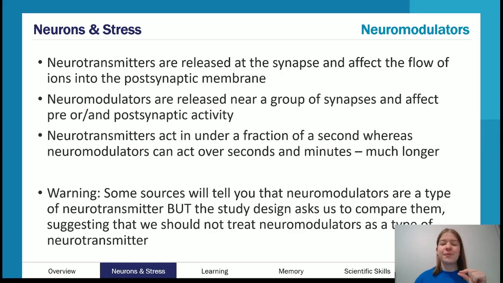Neurotransmitters will act over a very short time frame, whereas neuromodulators can act over seconds and minutes, so longer than our neurotransmitters. If you look this up online, there are some sources that will tell you that neuromodulators are a type of neurotransmitter, but the study design asks us to compare them, so I wouldn't treat them that way in the context of the study design. Just a fair warning there.